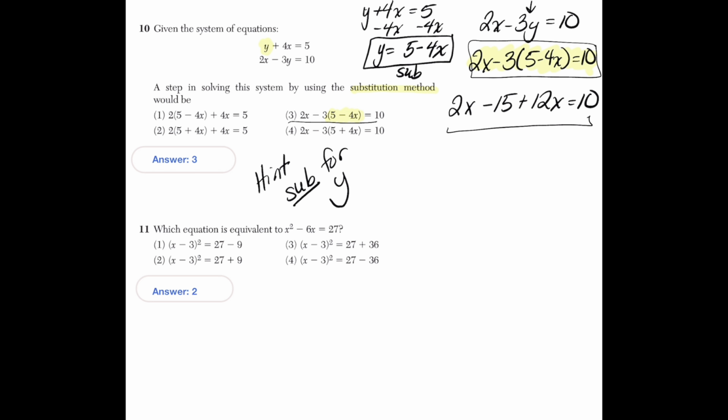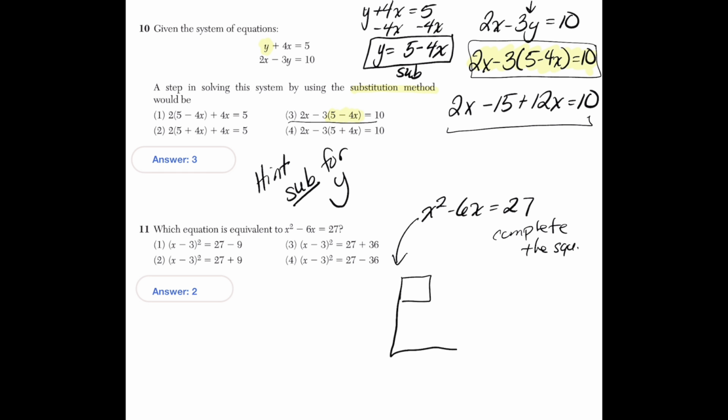Let's move on to number 11. We're looking for which equation is the most equivalent to this quadratic. X squared minus 6x is equal to 27. Now this form, when I'm looking at this, I'm already thinking complete the square. It's already coming up in my head because I can create a visual of this where I can have, here's my big square, and here's my x, and now I'm going to half this one.